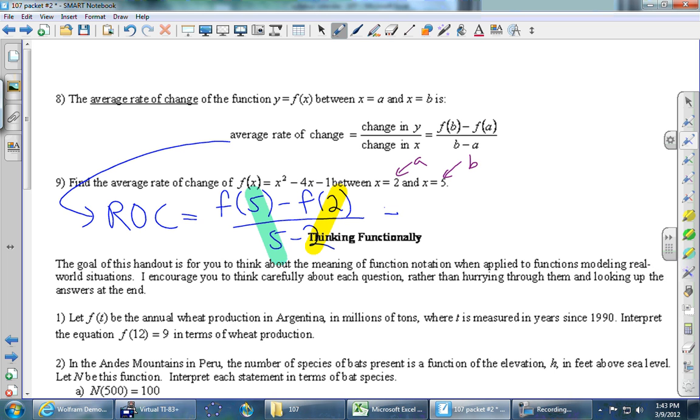All right, now there's work to do. We're supposed to find f of 5. We're supposed to find f of 2. And you guys maybe split up that work and find those two numbers.